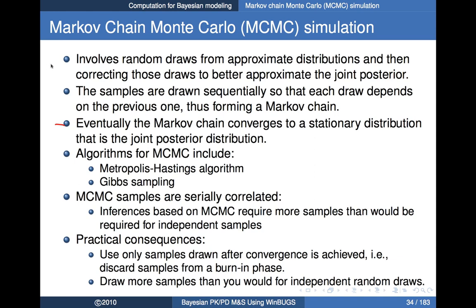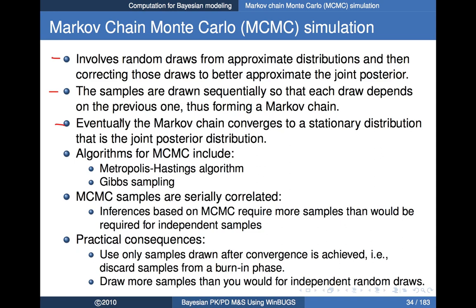We start out with what is commonly termed some sort of proposal distribution that we draw from, and then we modify that as we go along, and as a result, there's a convergence process of sorts that we'll discuss later.